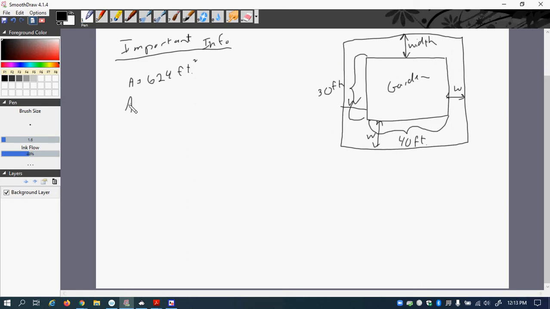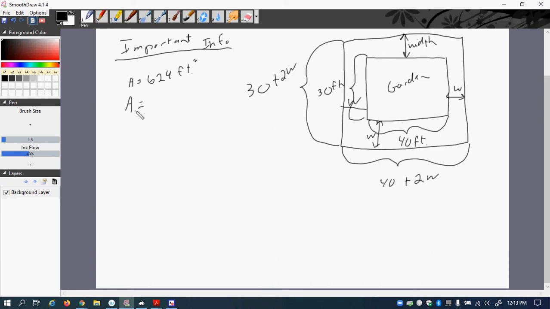Well, because I'm going to have my sidewalk put in, I can see that from here to here, it's changed. It's not just 30 anymore. It's got two W's on it. So this is 30 plus 2W, and from here to here is now 40 plus 2W.